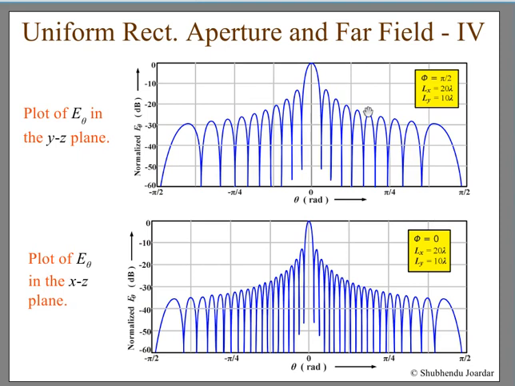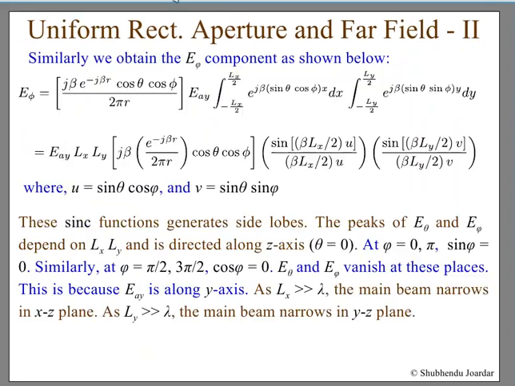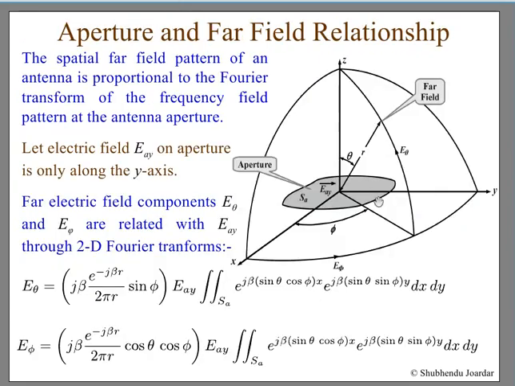And now you see the plots. So this is at phi is equal to pi by 2, you can see from this diagram. So this is phi. When phi is equal to pi by 2, then you have this YZ plane in this. And when phi is equal to 0, you will have this XZ plane. So in the YZ plane, your radiation pattern will be something like this.